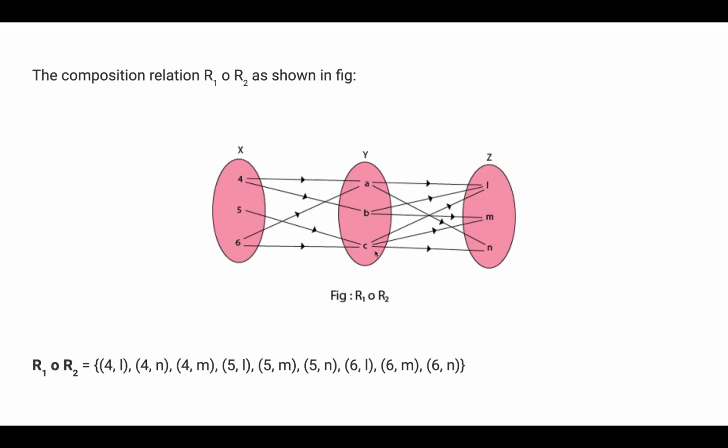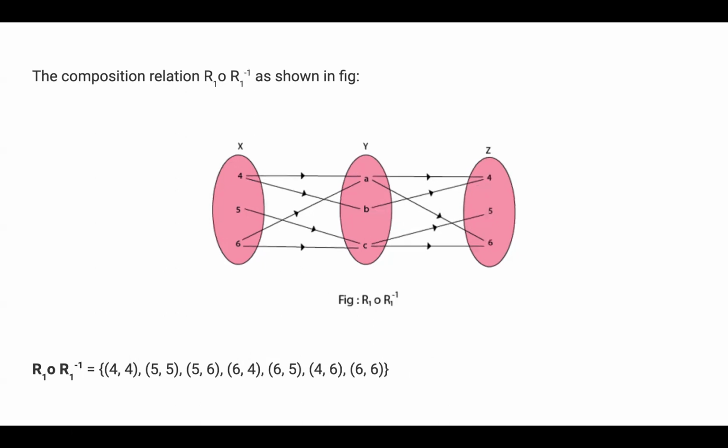And 6 to C, C to N, 6N is also there. So any element we consider only once. So here it comes, the R1 composite R2. Okay, composition of two relations.